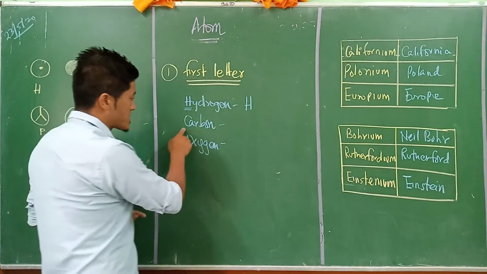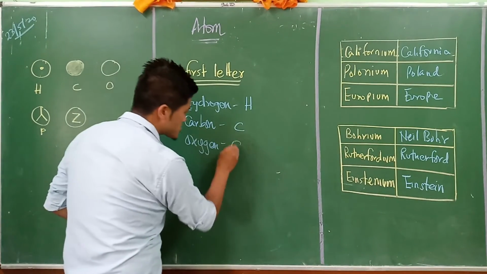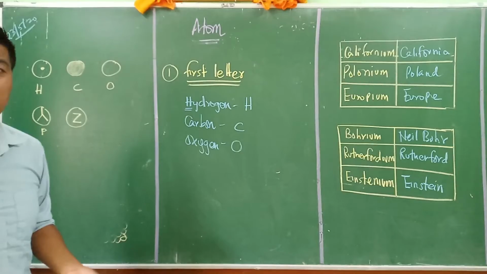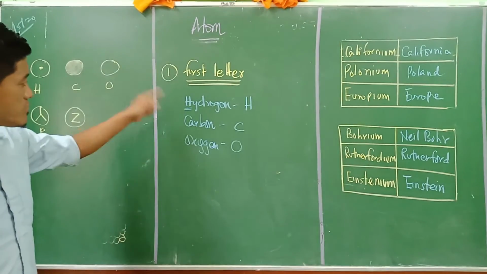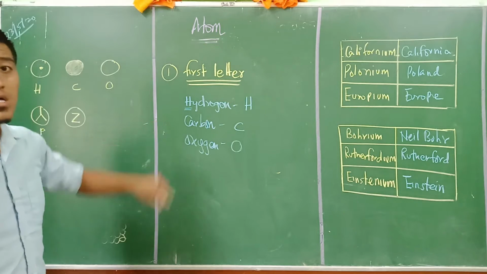In the case of carbon it is C, and in the case of oxygen it is O. So this method was adopted first. Now, if we use this rule for naming the elements, there is another problem.